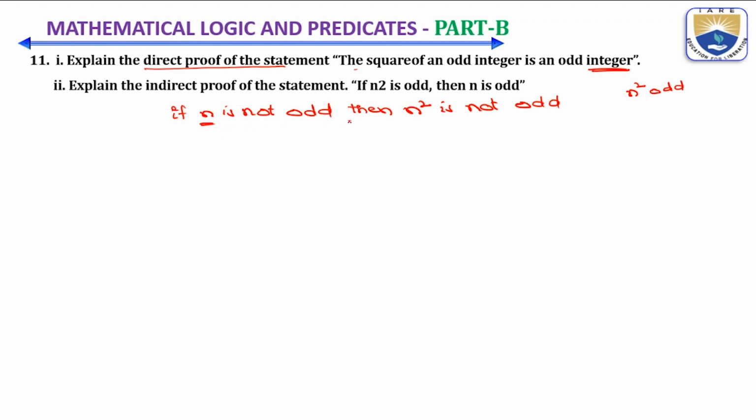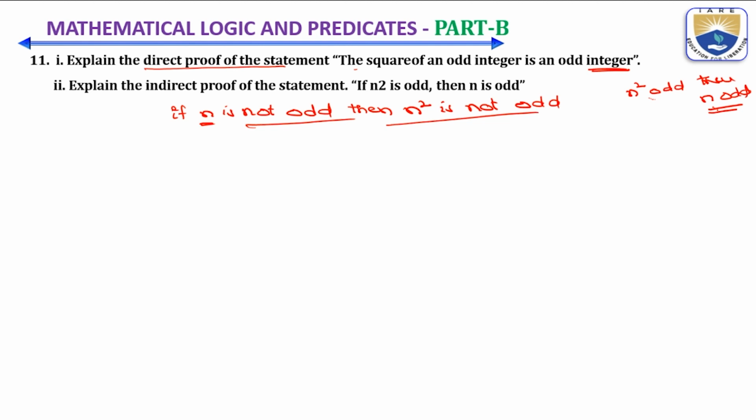So here, if n square is odd, then n is odd. Then the contrapositive for this is, if n is not odd, then n square is not odd. So we are going to take the contrapositive like this.